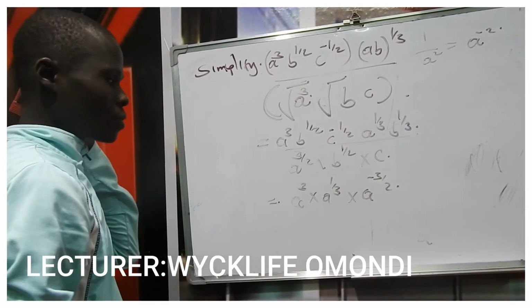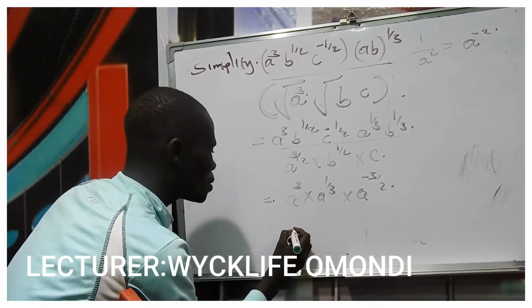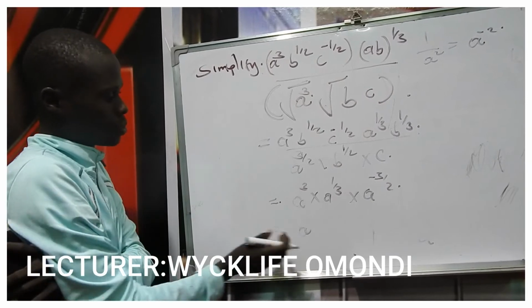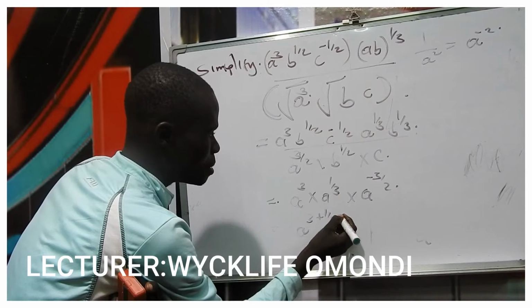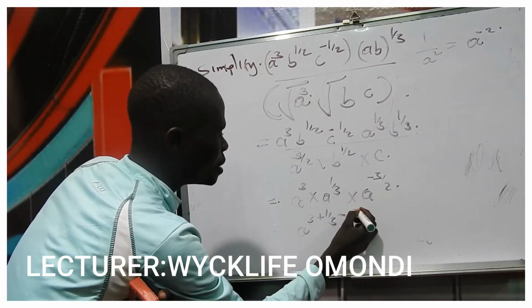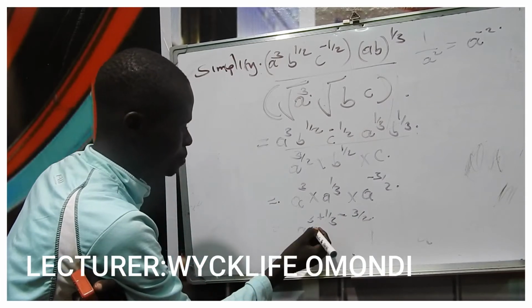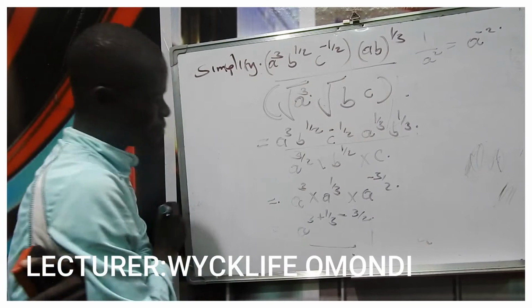Therefore, the law says when the bases are the same, we add the powers. So we maintain our base a, with 3 plus 1 over 3 minus 3 over 2. To solve this, we get the LCM.